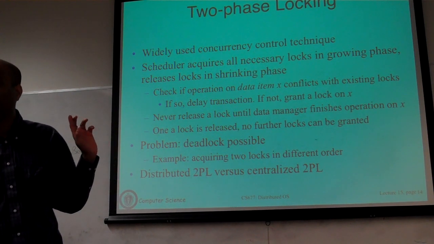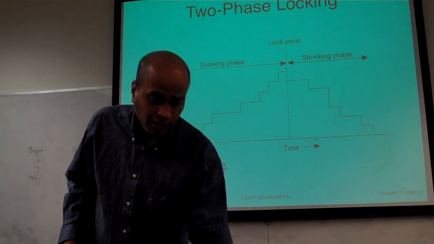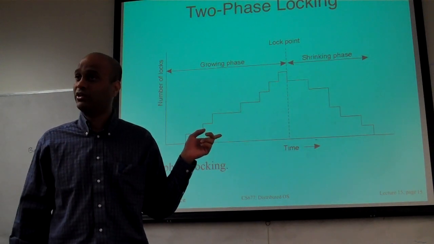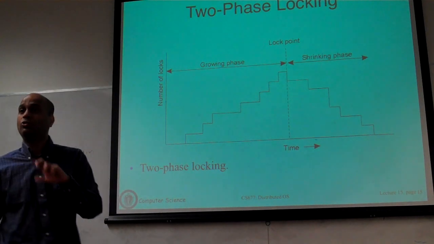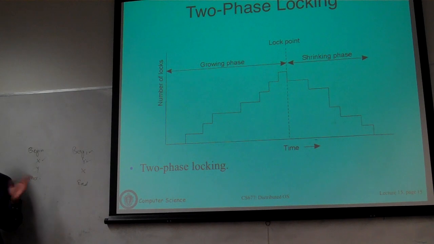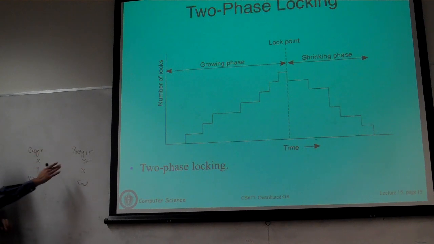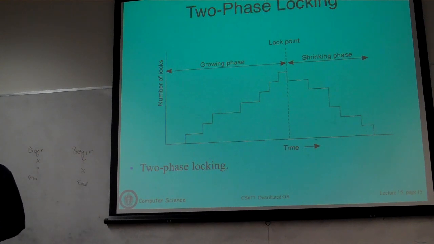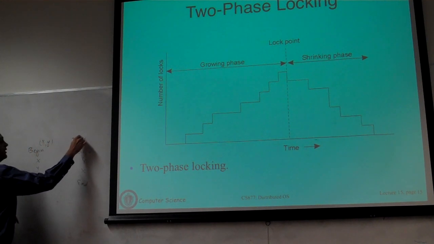There are multiple ways to avoid the scenario. First, you want to ensure that you have a growing and shrinking phase, which will prevent problems. The second thing you want to do is enforce an ordering on the order in which you acquire locks. The only way to prevent this scenario is to order these resources somehow. Say this transaction needs a lock on X and Y, and so does the other.